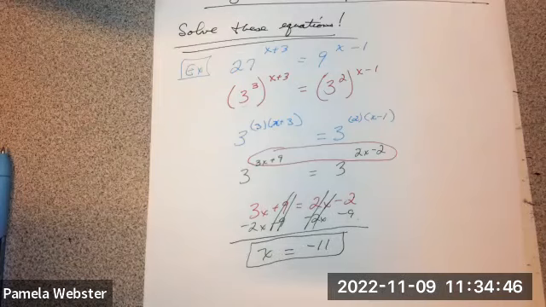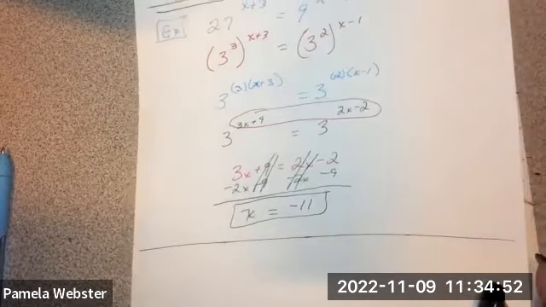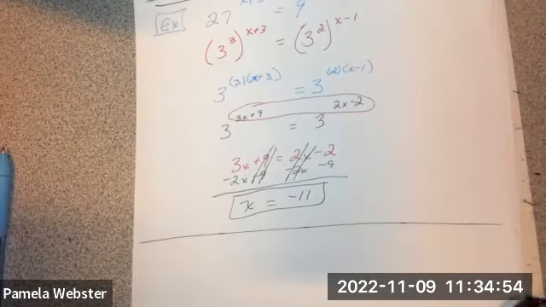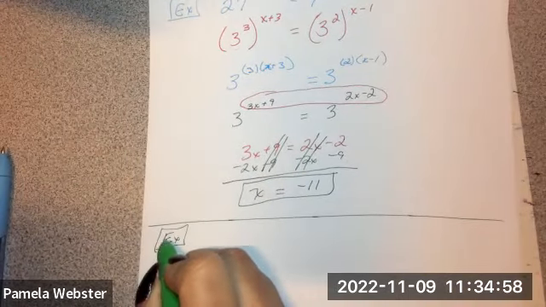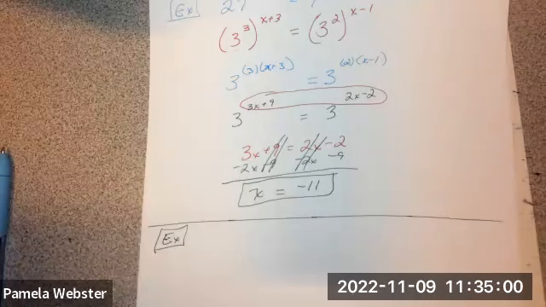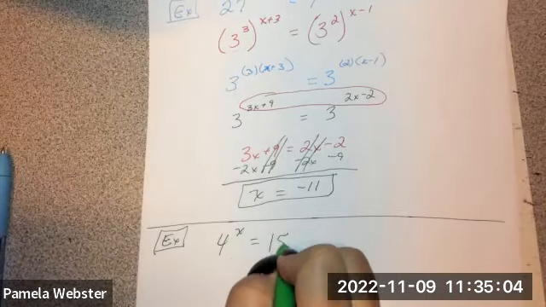Okay, but they're not always going to be so nice and pretty for me where I can set them up with the same base. They're not all going to have the same base, in other words. So the other examples start being more complicated. So here we go. What if it is 4 to the x equals 15?